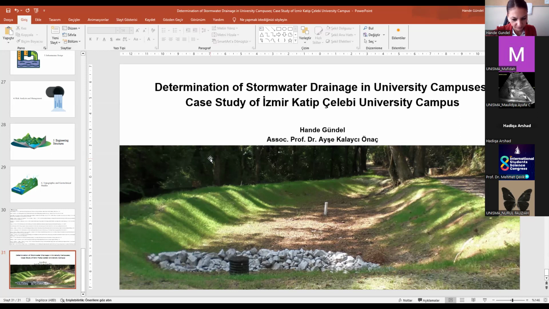Is it an advantage or a disadvantage? In a coastal area, there are advantages for the drainage system. We can adapt green infrastructure and blue infrastructure systems in this area, and we can transform these drainage problems.